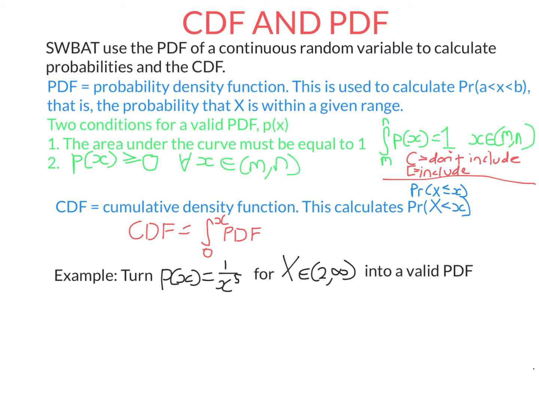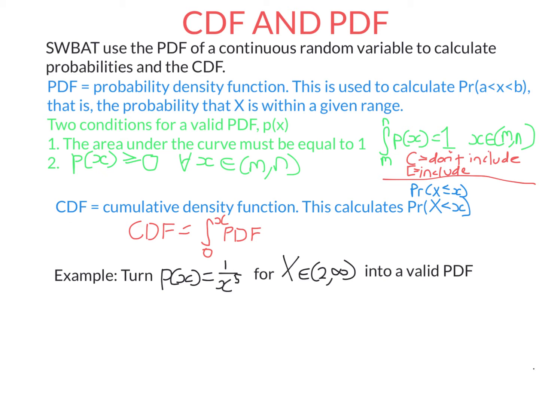They're very similar. The PDF calculates the probability that the random variable is within a range of values. Now remember, if a random variable is continuous, the probability it takes a specific value is always 0. So we can only calculate the probability that it's within a range of values.